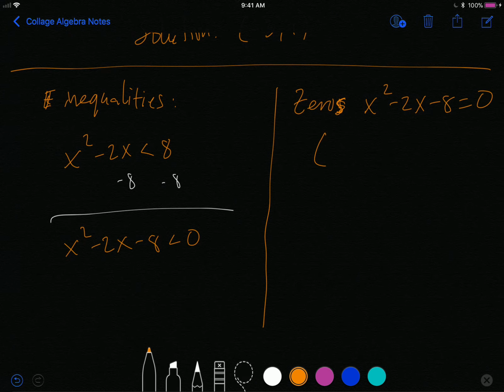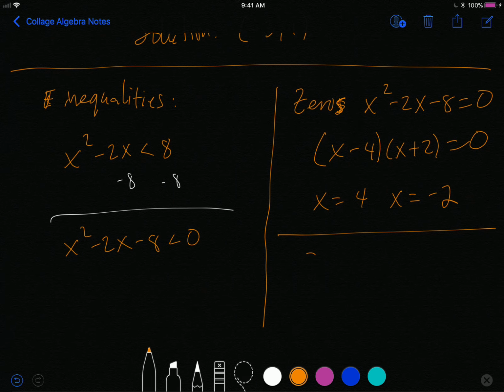And so this factors into x minus 4, x plus 2. And so I get right here that x equals 4 and x equals negative 2. So again, these are our 2 points of transition. What we do then to solve this problem is we use what is called a sign chart.